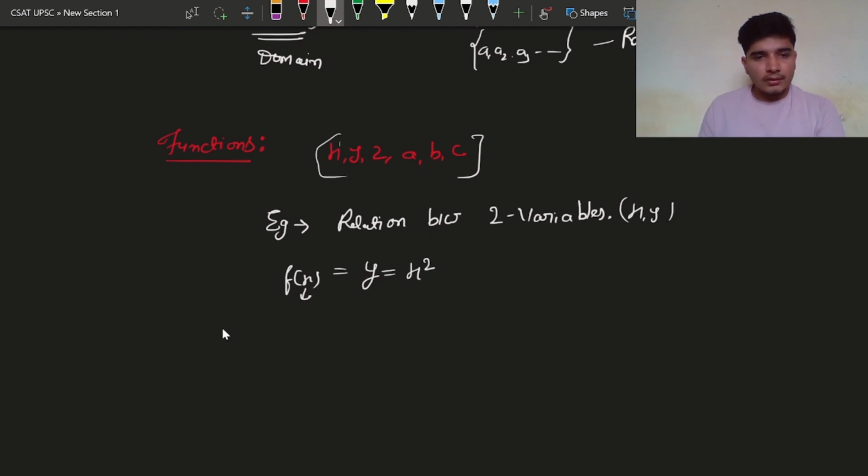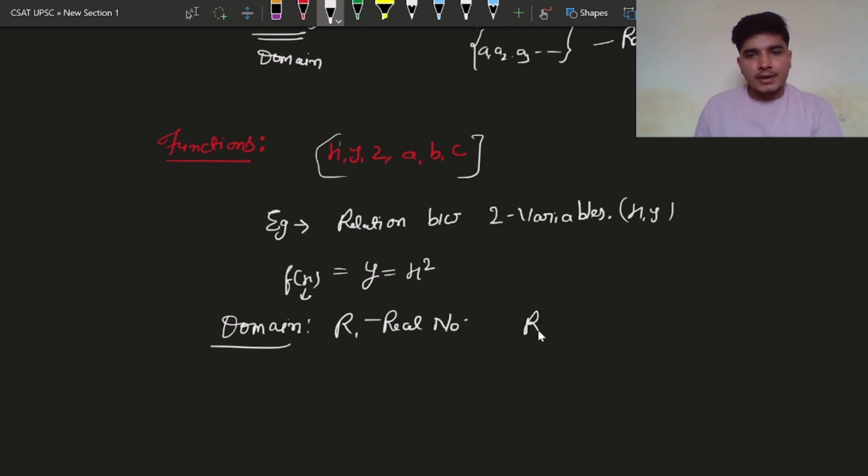Now we take one domain here. What domain can we take? I am taking real numbers. And the range we can't take yet, because it will come according to our function, so we consider a question mark.